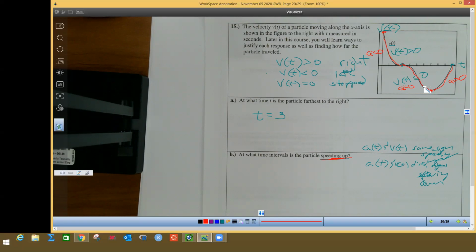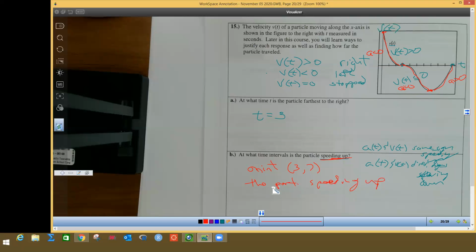Here, velocity's negative, acceleration's negative. What's happening here? So on the interval from 3 to 4, 5, 6, that looks like 7 to me. Would you agree with that? From 3 to 7, the particle is speeding up.